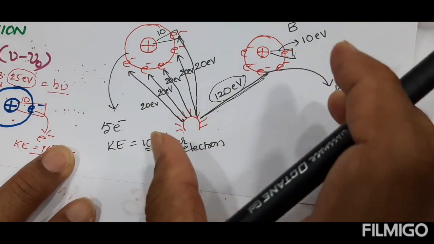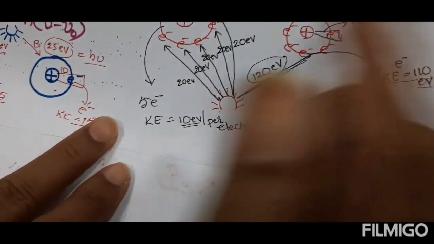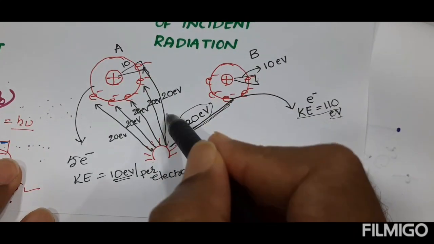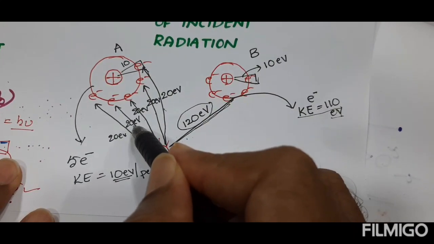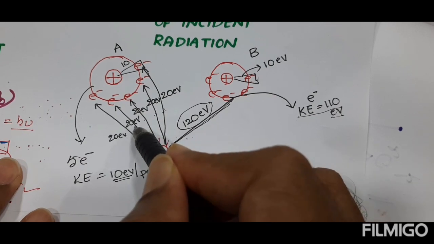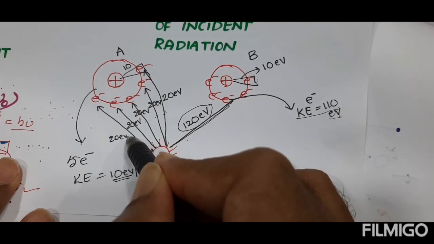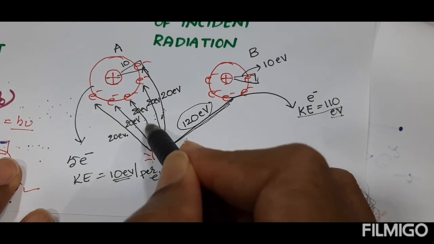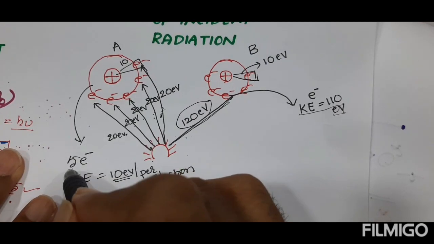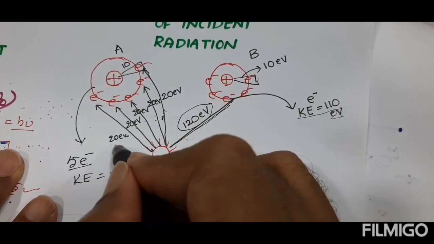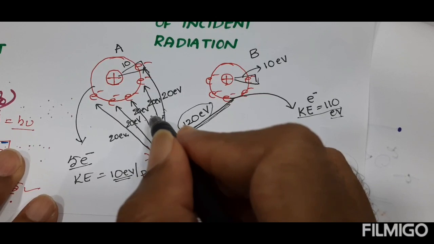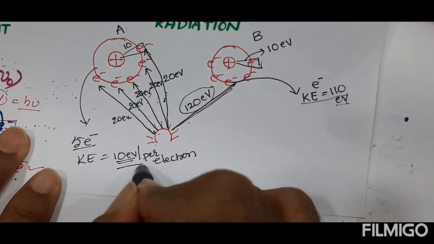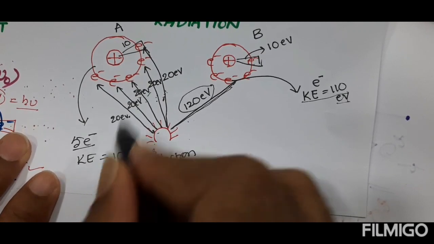This is a similar explanation to what we discussed earlier. But the different point here is that we are using 5 photons. These 5 radiations will liberate 5 electrons. Suppose in this experiment we are getting 10 electron volts per electron kinetic energy.